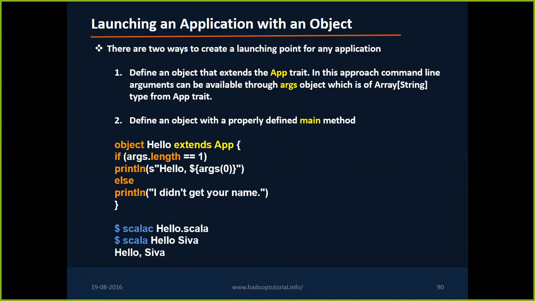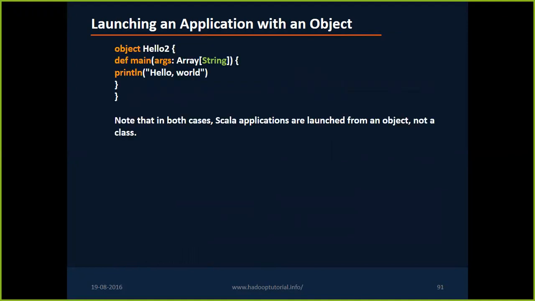In both scenarios, it is an object, not a class. So your applications are launched from an object but not from a class. That itself tells that Scala is a more pure object-oriented language than Java.